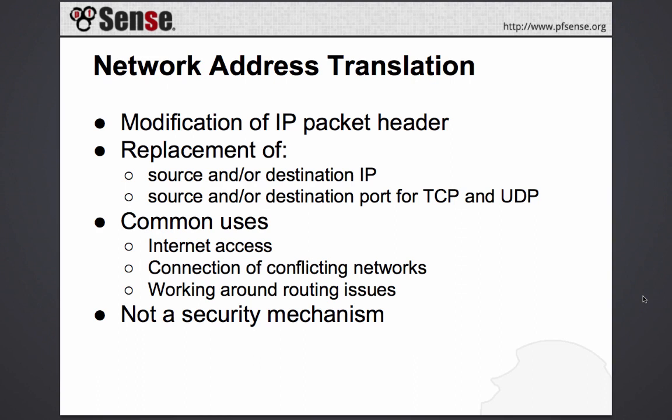It's not a security mechanism. Some people think of it as providing some semblance of security, and it's not really designed for that. Security isn't really a result of how it functions. And the whole point of NAT was to extend the lifetime of IPv4.